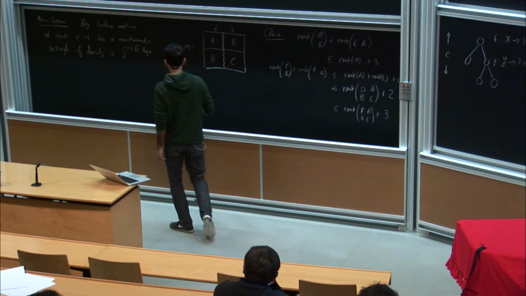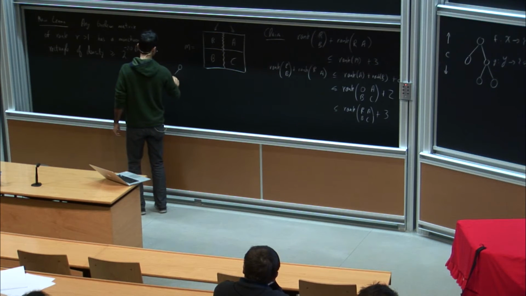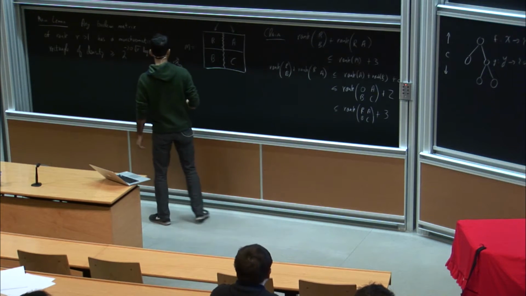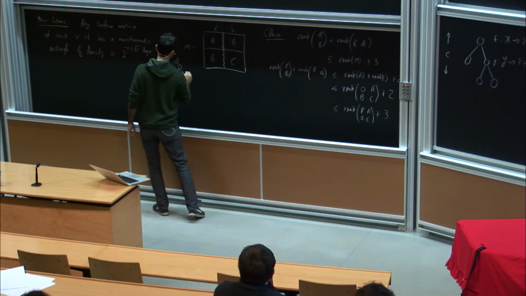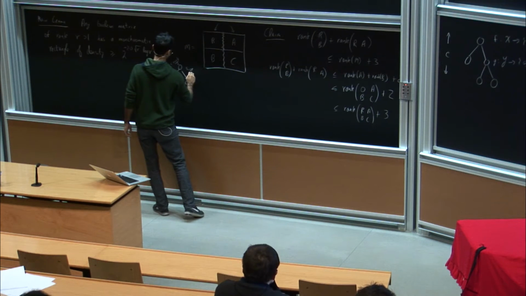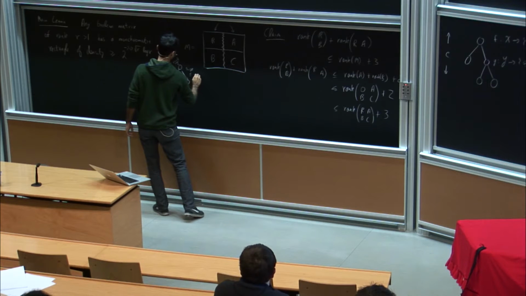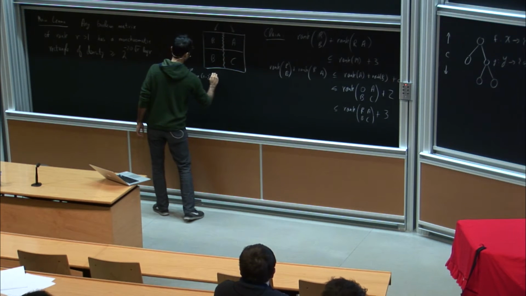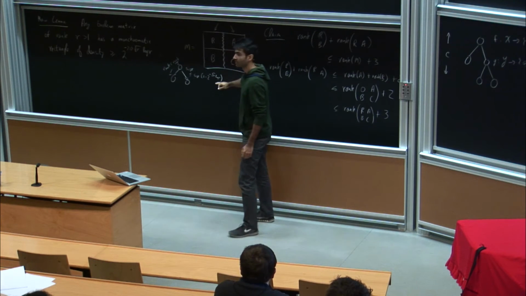And so now if you look at the protocol tree, whenever they go left, this direction, that means the rank gets reduced from r to r over 2. And in this direction, the size of the matrix gets reduced by the factor 1 minus 2 to the minus square root r log r. Okay, by this factor.